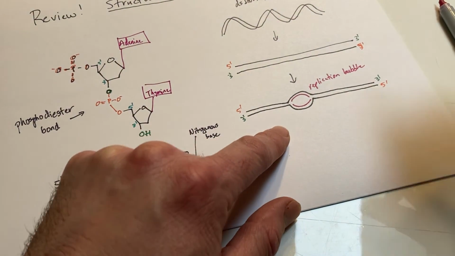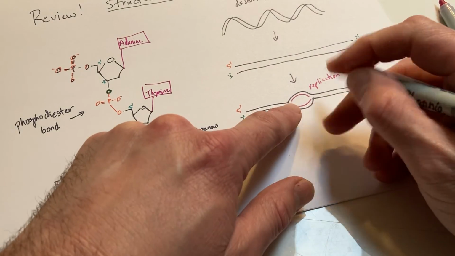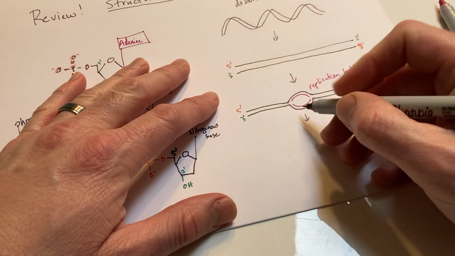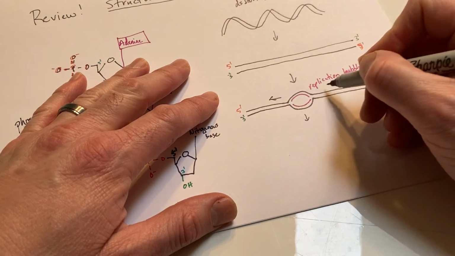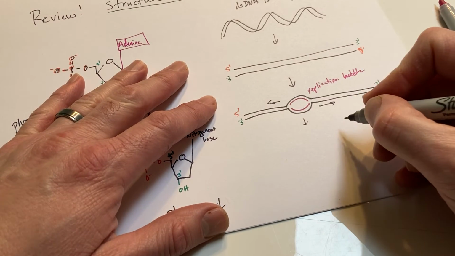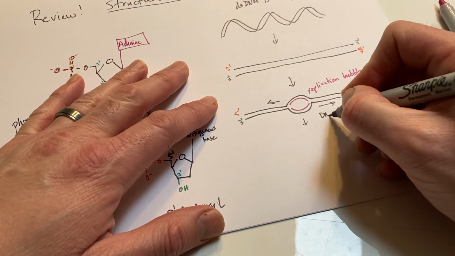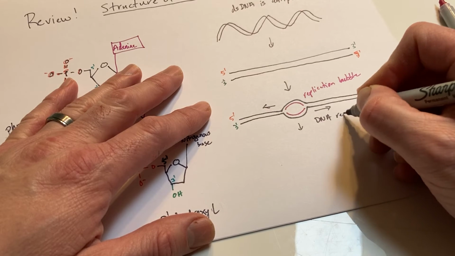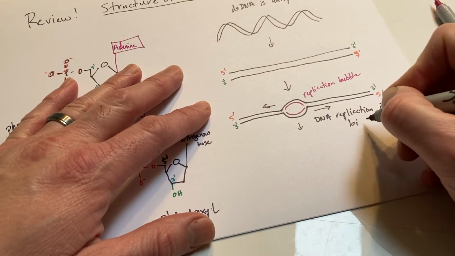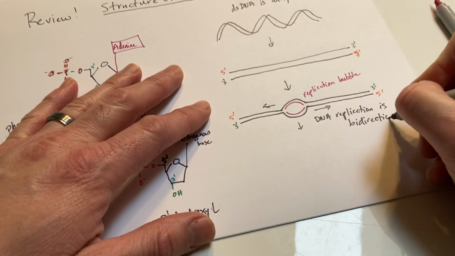Now, over time, this replication bubble is going to spread outwards, all right? So in the next step, I'm going to show that DNA replication is bidirectional. That means it goes both ways. So I'm going to write that down. DNA replication is bidirectional.